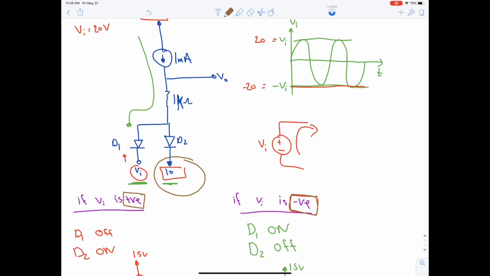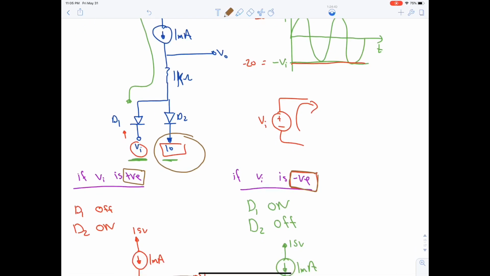Whereas when VI is less than 10, then all the current will go to the negative, which I call the negative, but it's physically not negative. So here, what is more accurate is to say if VI is greater than 10 and VI is less than 10.